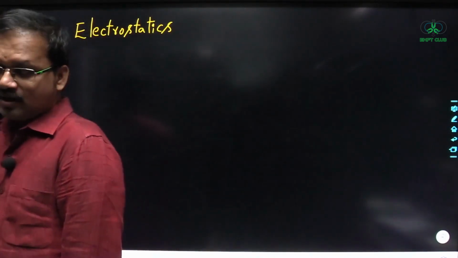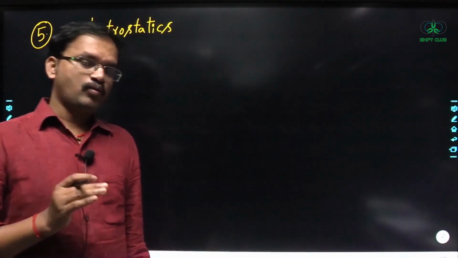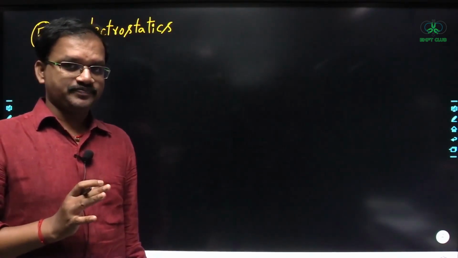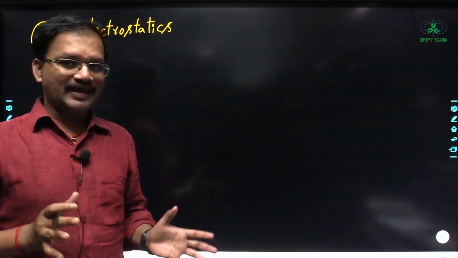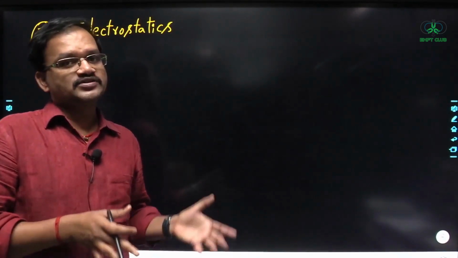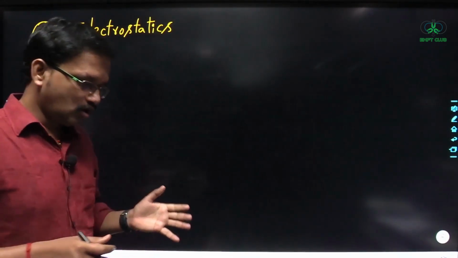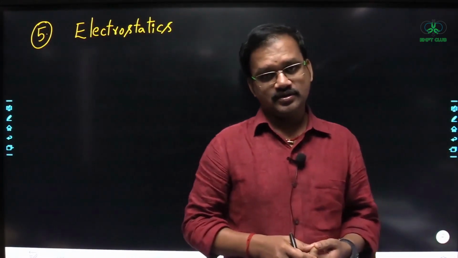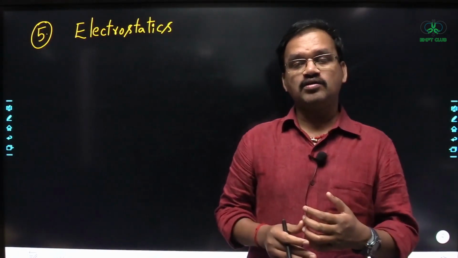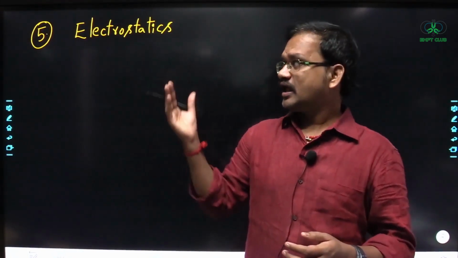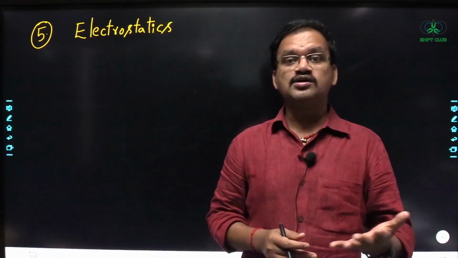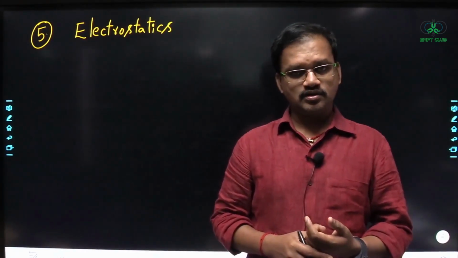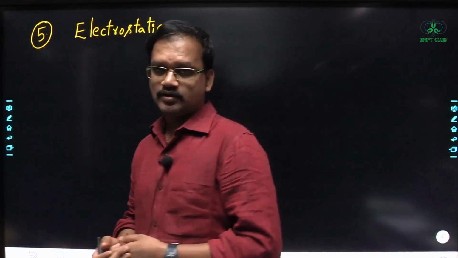But still we have to cover a few topics of electrostatics. We are not going in depth on all of them, only the minimum topics. But in the syllabus they have given Maxwell's equations, and in electrostatics we get Gauss law for electric field, which is one of Maxwell's equations. So that part you have to cover.